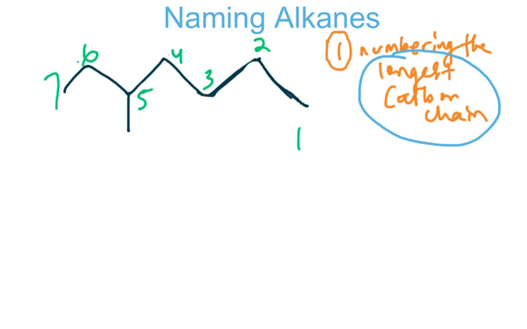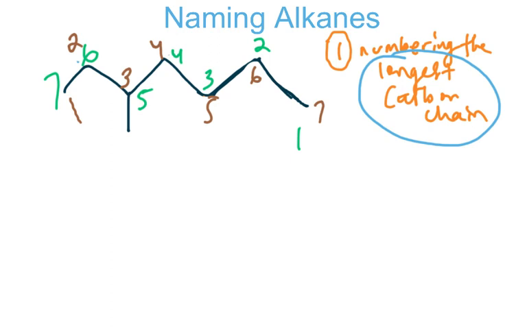But then you can also number it the other way. So you can also say 1, 2, 3, 4, 5, 6, 7. So both ways you get the longest parent carbon chain, which is 7 carbons. But which way is right?